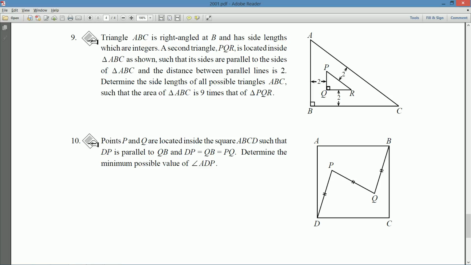A second triangle, PQR, is located inside triangle ABC as shown, such that its sides are parallel to the sides of ABC, and the distance between the parallel lines is 2, just as they have drawn in here. Determine the side lengths of all possible triangles ABC, such that the area of ABC is 9 times that of triangle PQR.